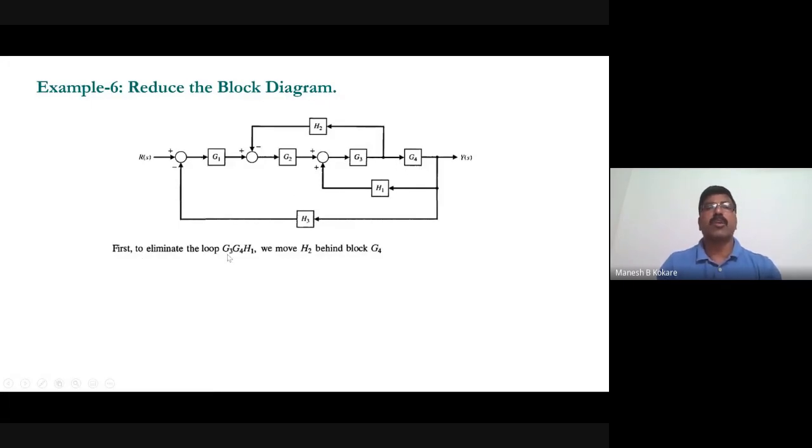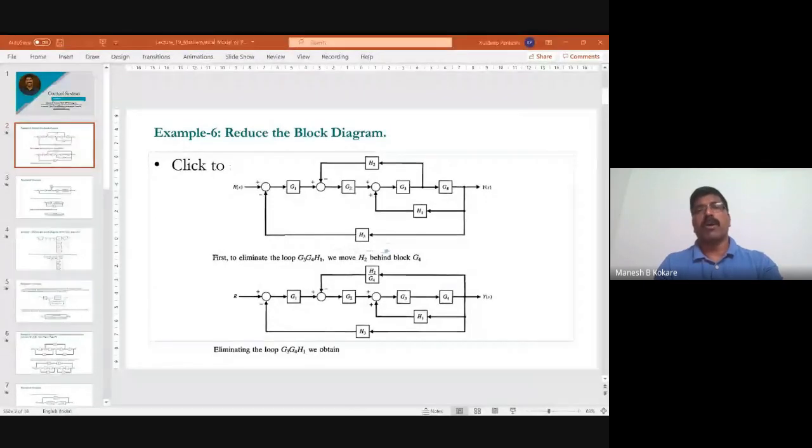So first, to eliminate the loop of Z3, Z4, H1, we will move this H2 block behind this G4. When you would like to shift a takeoff point after a block, you have to use that rule and modify the block diagram.